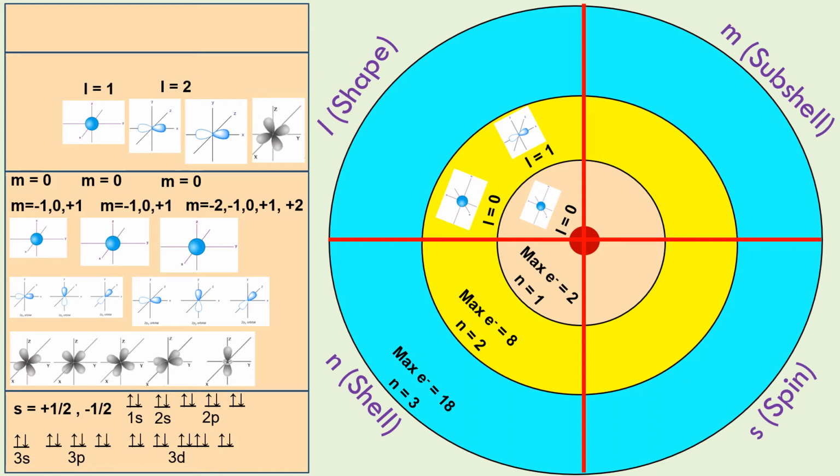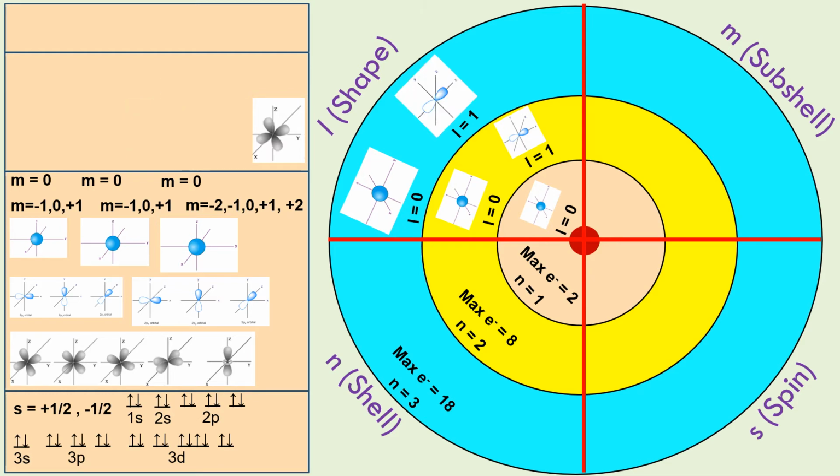The third energy level has three values of l. l equals 0 represents the shape of a sphere. l equals 1 represents the shape of a dumbbell. l equals 2 represents the shape of a clover leaf.